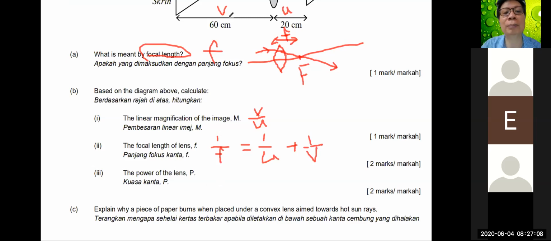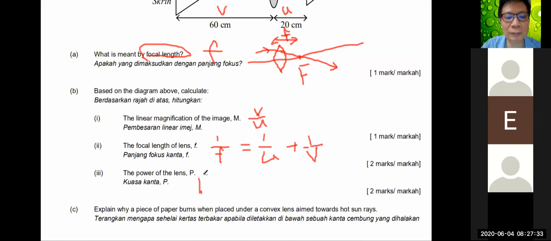Okay, then to find the power. Power, what formula? Must know one. How to find power? Jia En, how to find power? What formula? Tan Jia En. Tan Jia En go sleep already. She was the first one to ask her tomorrow extra class how, and now she sleep. Tan Jia En. How to find power? Power formula is what?